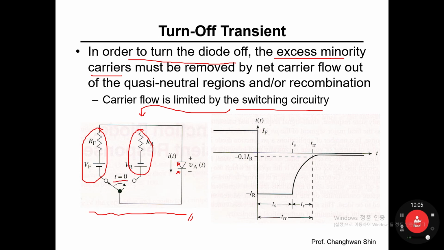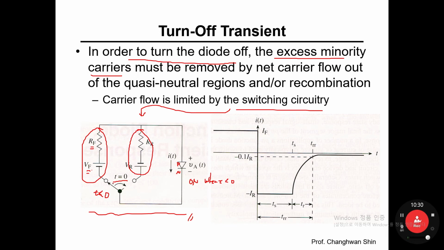Before time t of 0, VF and RF are connected to the PN junction diode, so that we can claim that the PN junction diode is on when time t is less than 0.